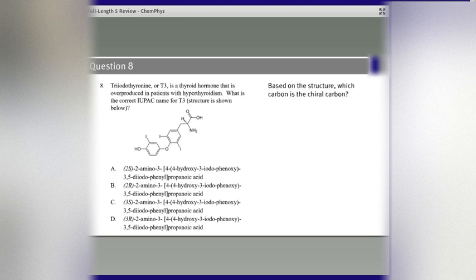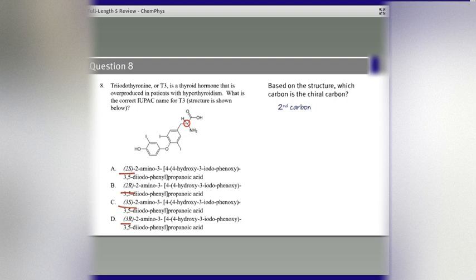So if I look at 2S, 2R, 3S, 3R, but wait a second, based upon this structure, the chiral carbon is that second carbon. Just based upon that, what two answers could I eliminate right away? What's that second carbon? Can't I get rid of both C and D to begin with?